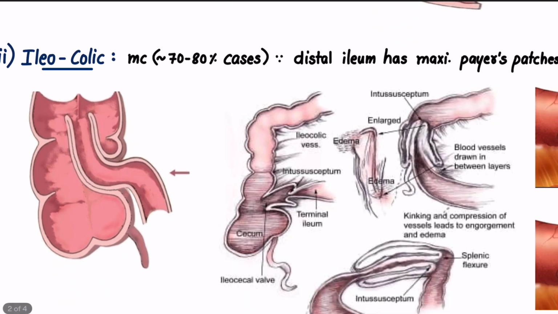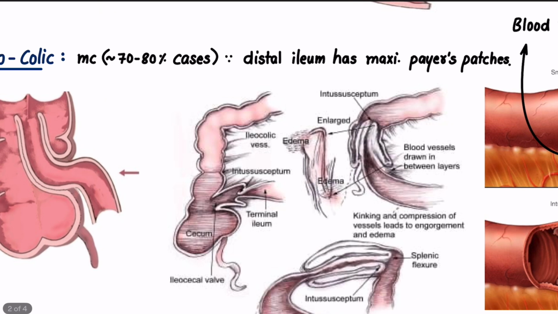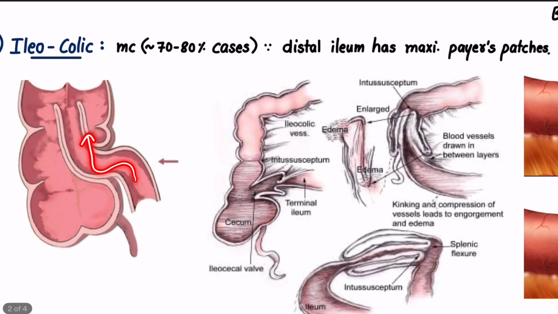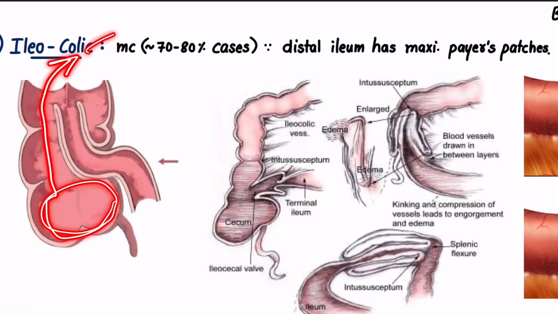Now here are some interesting facts. Sometimes, depending on the nature of peristaltic movement, along with this ileum, the cecum may also get invaginated into its distal parts, and there is no limit to where this invagination will stop, because the intestine will try to push the foreign particle out through the anal opening.